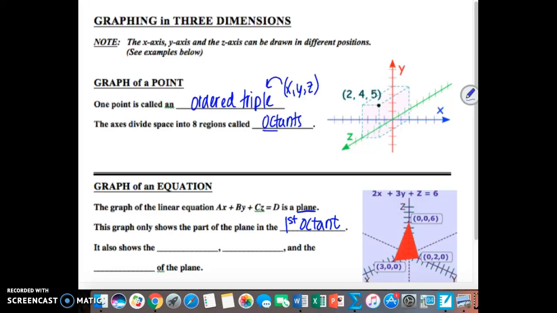The first octant is really the only one that we can visualize. The only way we'd be able to see the other octants is if we had a 3-dimensional graph in front of us. It also shows the x-intercept, the y-intercept, and the z-intercept.